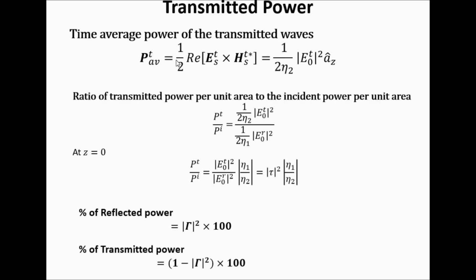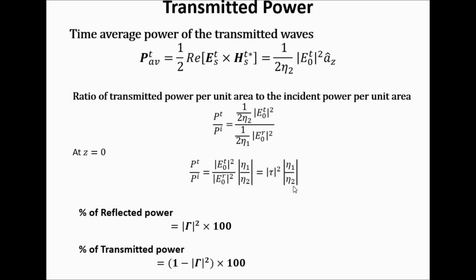Now, for the time average transmitted power, you can use the transmitted electric field and transmitted magnetic field conjugate, and you will come up with this equation. Now the ratio Pt over Pi will be tau squared times eta 1 over eta 2.